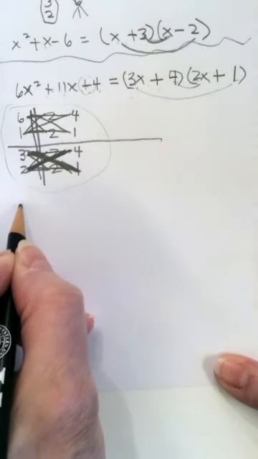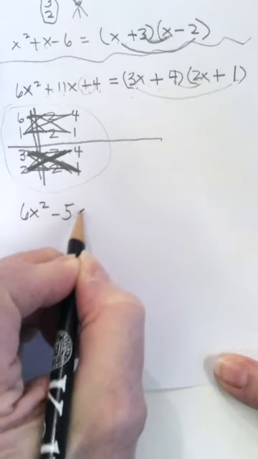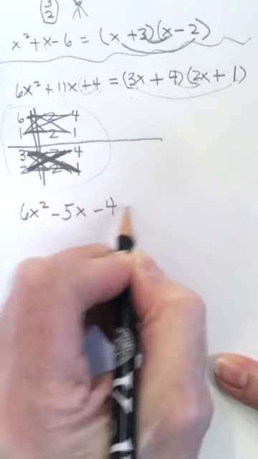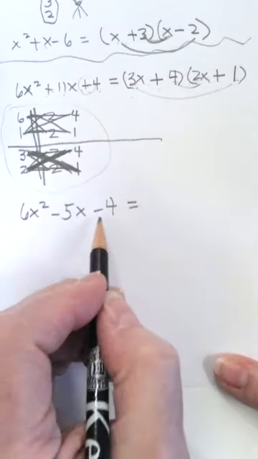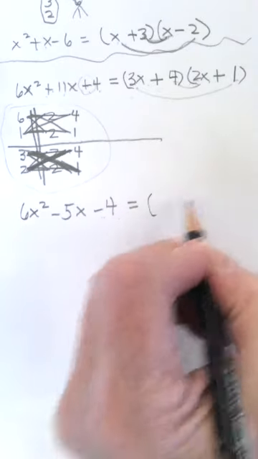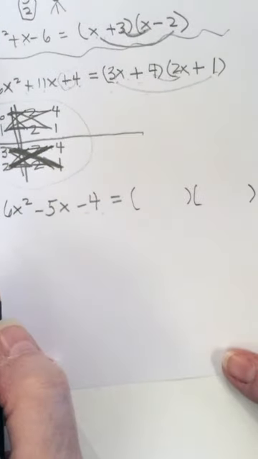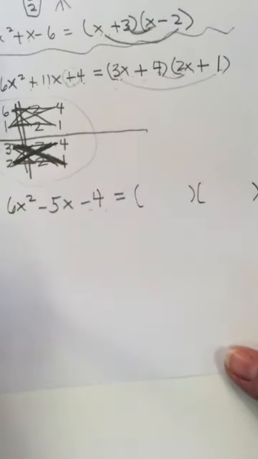So now let's take a look at one of the other cases. Let's look at 6x squared minus 5x minus 4. So this is one where the constant term is negative. That means that the signs inside my parentheses here are going to be different from each other.